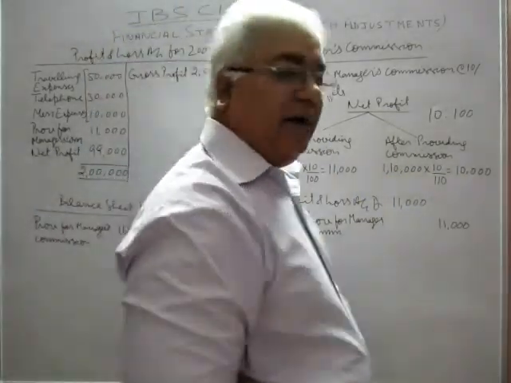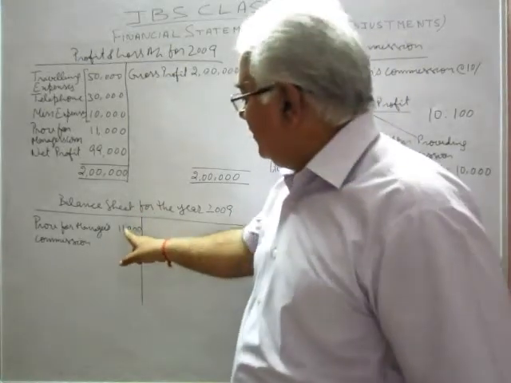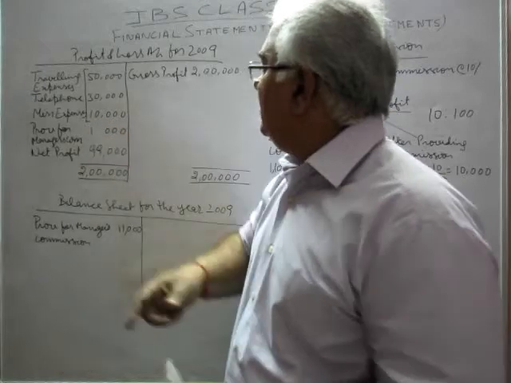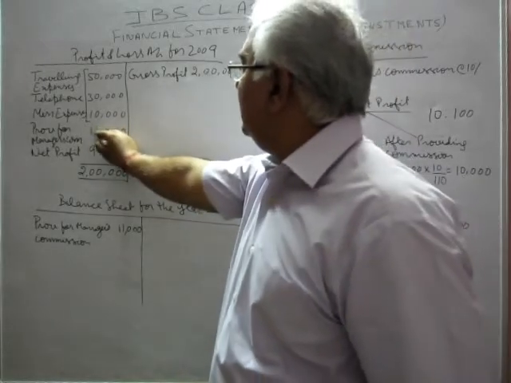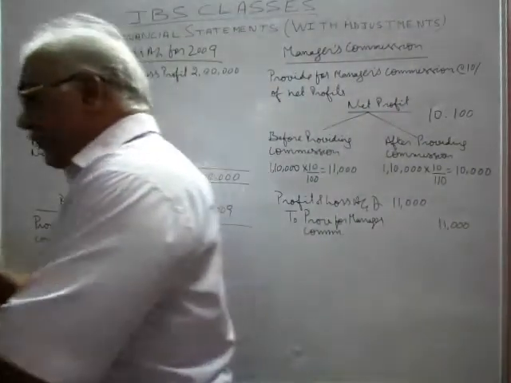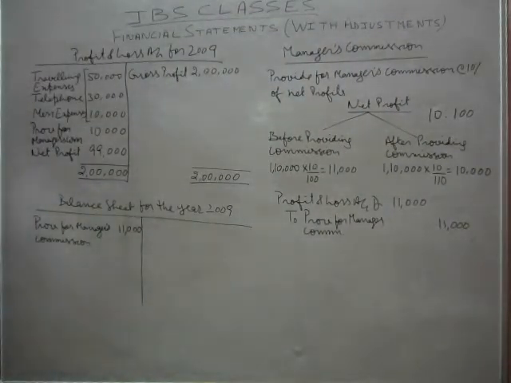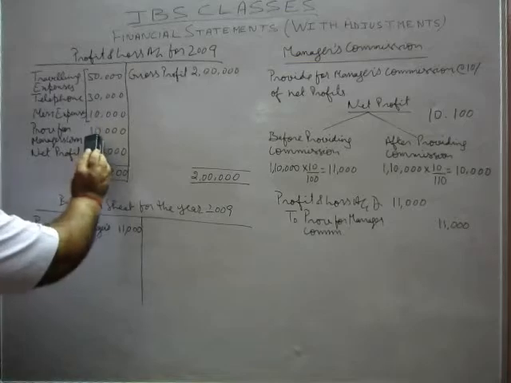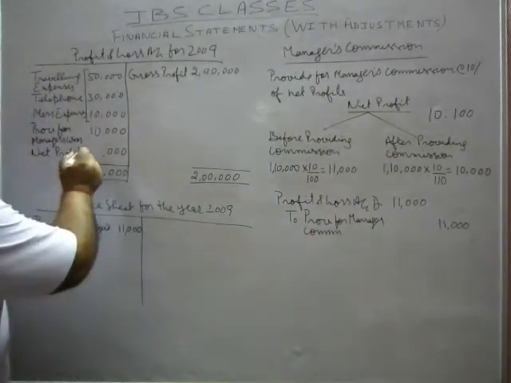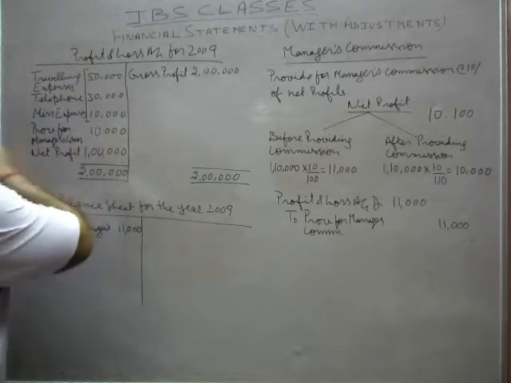Okay, and if we put 10,000 here, then net profit will become how much? It will become 1 lakh, right? So here the change will be, it will become 1 lakh.